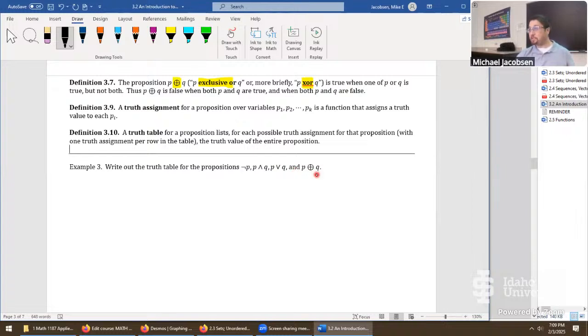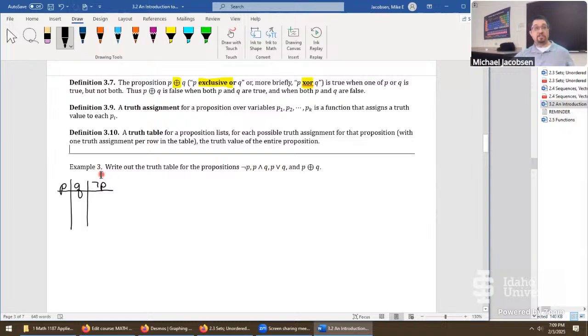But here's the truth table. This is a powerful tool for analyzing these compound proposition statements. First one we're going to do is for not P. We're building out a table, but the way we build out the table is particular. We put down the proposition P here, proposition Q here, and the one we're interested in investigating, not P, would go here.